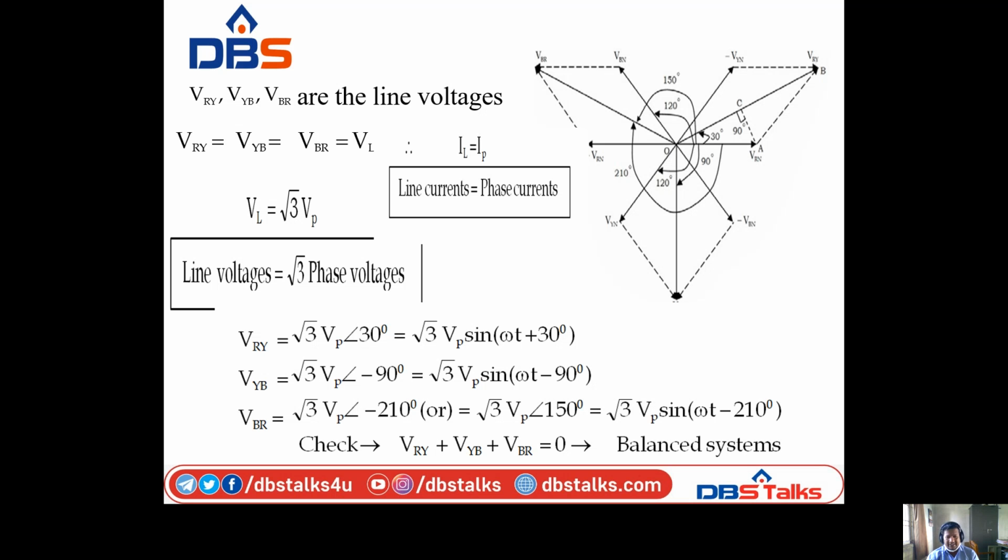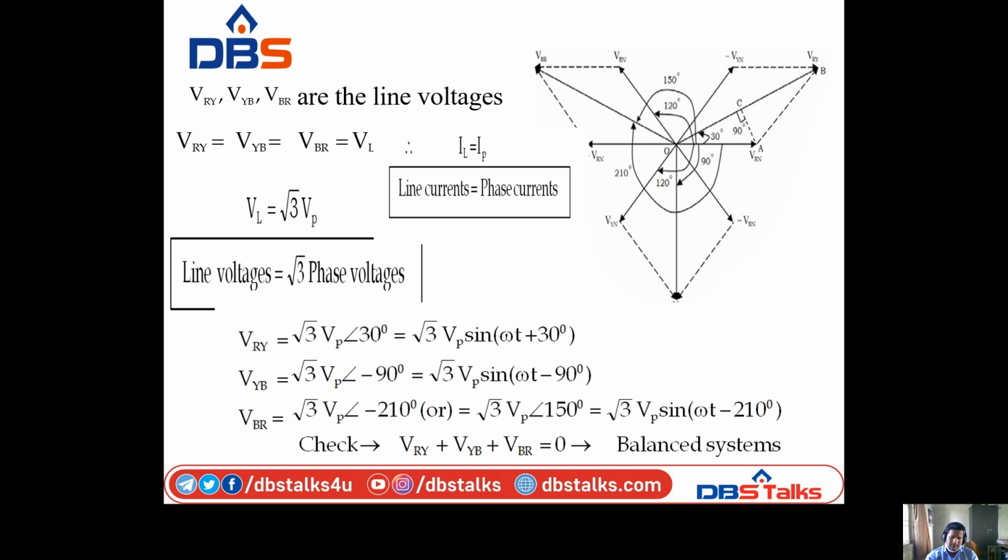Now the voltage VRY between the lines R and Y is obtained by adding the vectors VRN and minus VYN vectorially. So VRY is equal to VRN minus VYN.